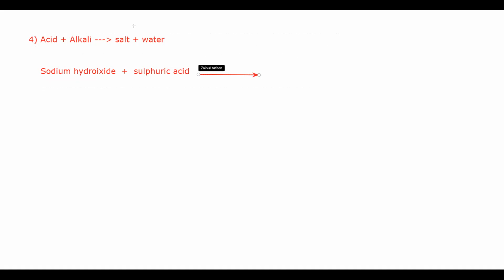Sodium hydroxide, an alkali, reacted with sulfuric acid. What will be the result or the product of this reaction? So it will give sodium sulfate plus water, because if it's a sulfuric acid, then a sulfate salt will be there. So this results in a formation of sodium sulfate plus water. This is a word equation.